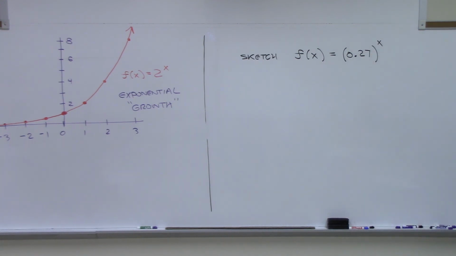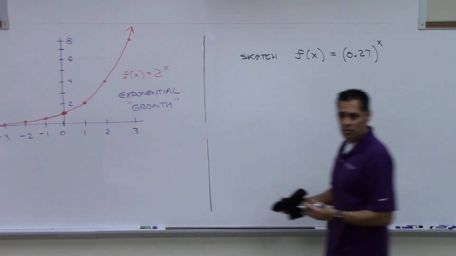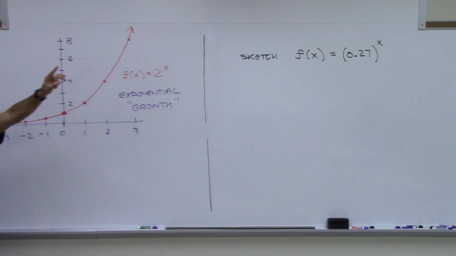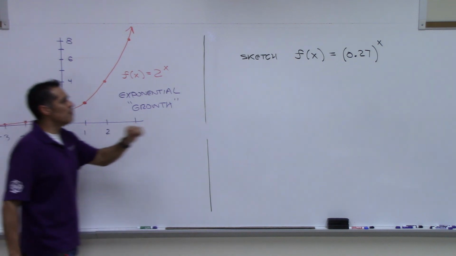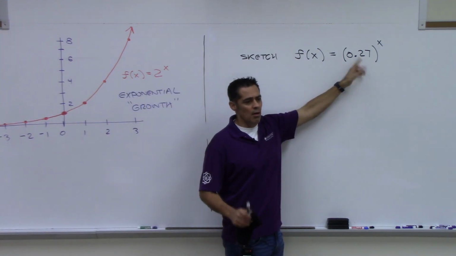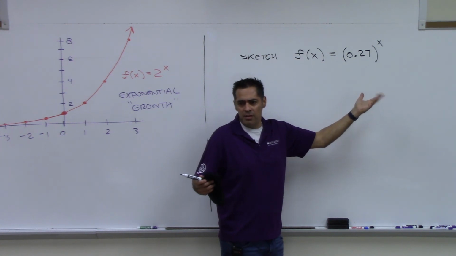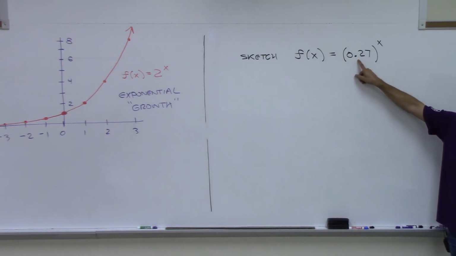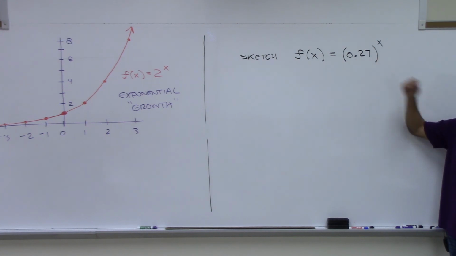So my first question to you is, is this an exponential function? Is it some number raised to the x? Yes. Is that number positive? Yes. Is it 1? No. Okay, so it can be an exponential function, right? You just got to make sure this number has to be positive and it can't be 1. So I should be able to graph this.